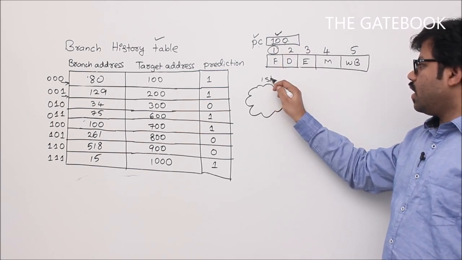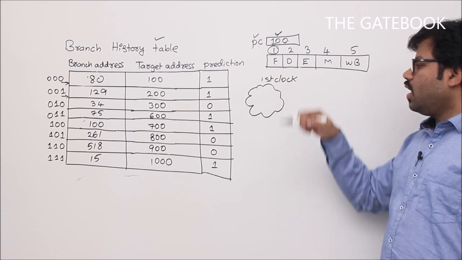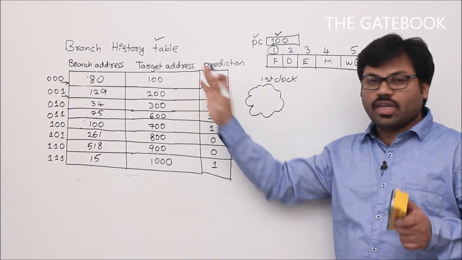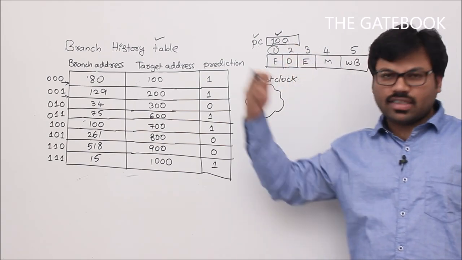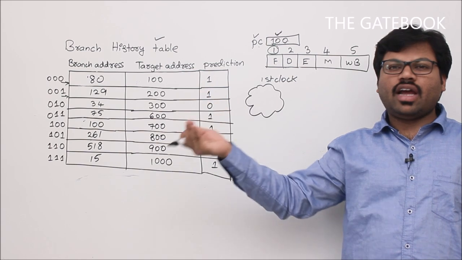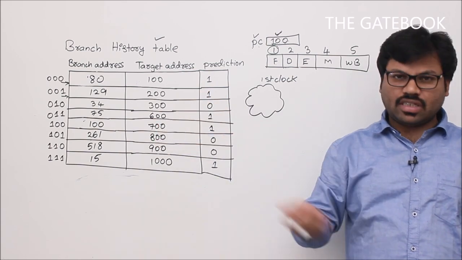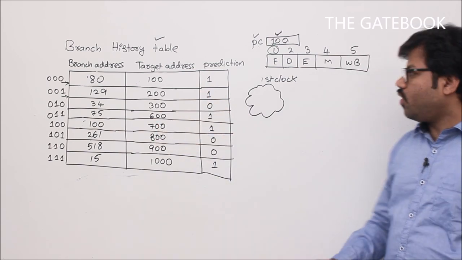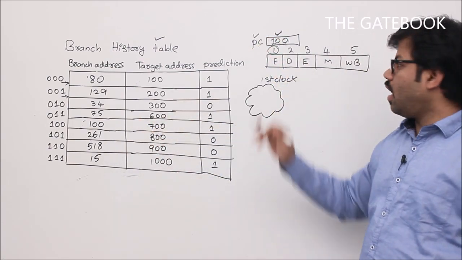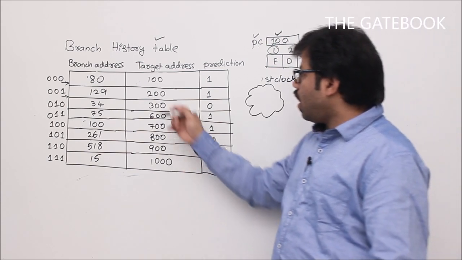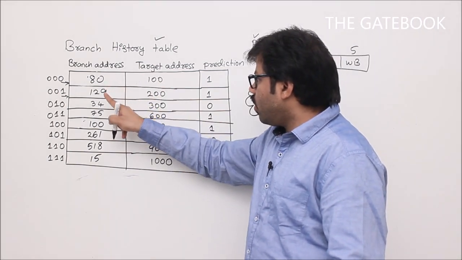We are in the first clock cycle, remember that point. Generally, in the first clock cycle, forget about this table. Generally we take the program counter, access the instruction memory, and fetch the instruction. In parallel, you access this memory. Take this program counter 100, but sir, are you going to search like this, 80, 129, 34?